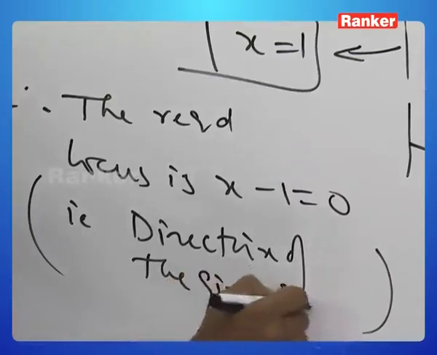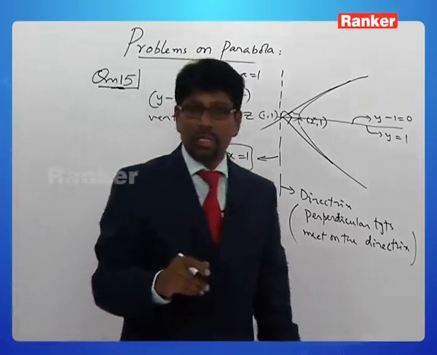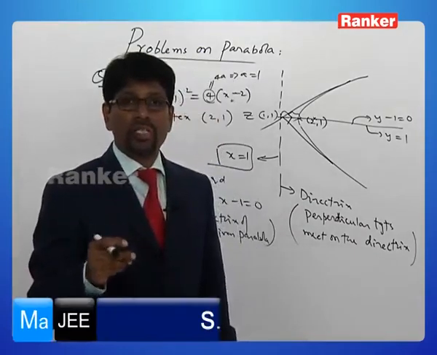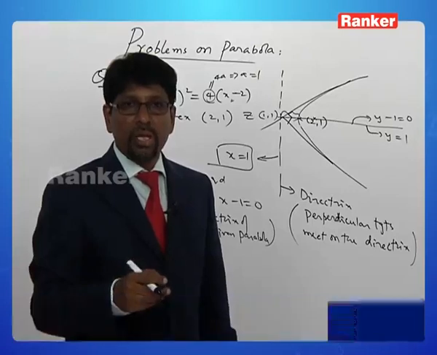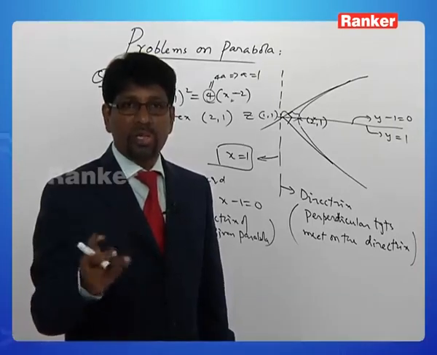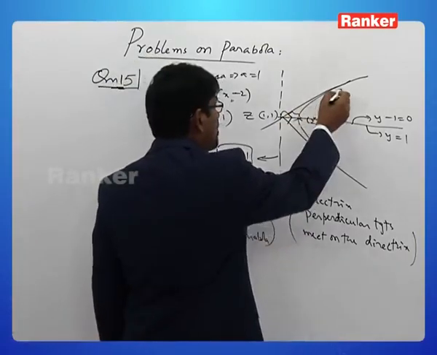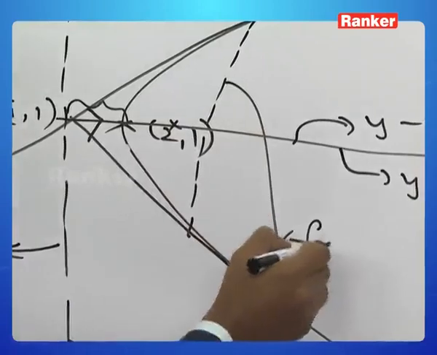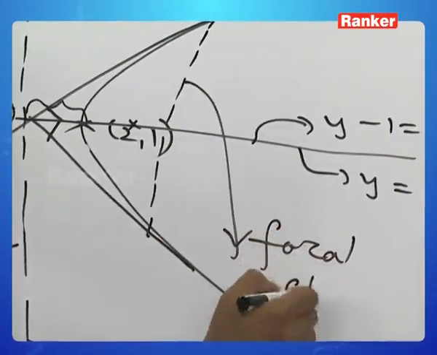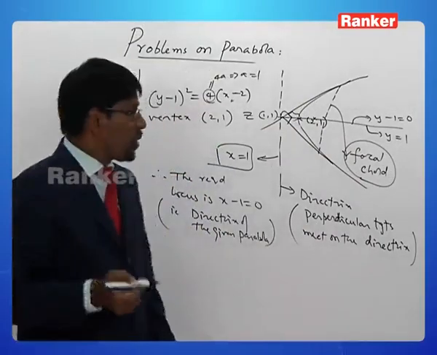So the point that we have to bear in mind is that the locus of the point of intersection of perpendicular tangents is the directrix. And in fact, there is also one more result. The chord of contact of a pair of perpendicular tangents will have to be the focal chord. Of course, that may be used in some of the problems.